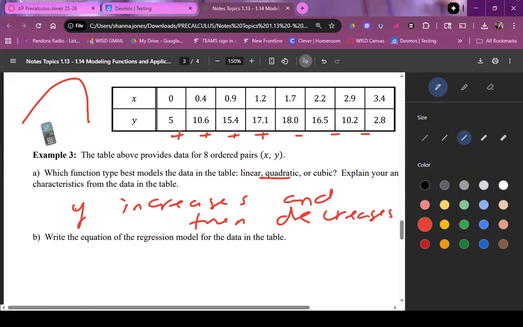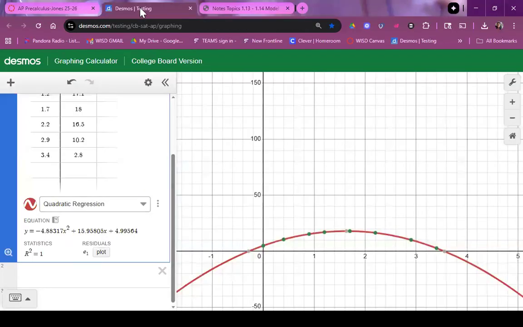What is our equation of our regression model? It told us. What is it? Okay. When you're rounding, one thing Desmos will not do is round for you. For AP testing, they allow two types of rounding: correct actual rounding to 3 decimal places, or truncating. What truncating means is that you just say, okay, 1, 2, 3, cut off. That's truncating.